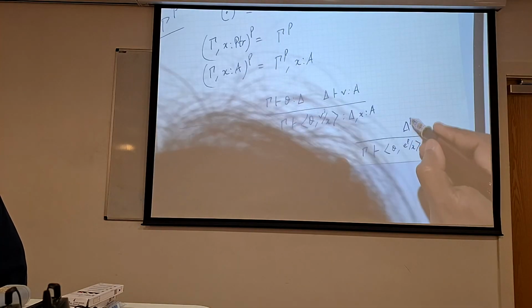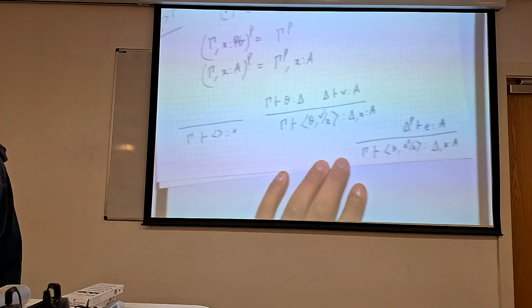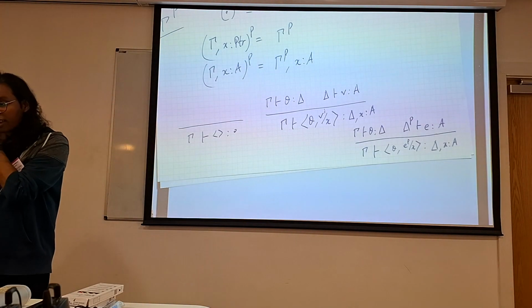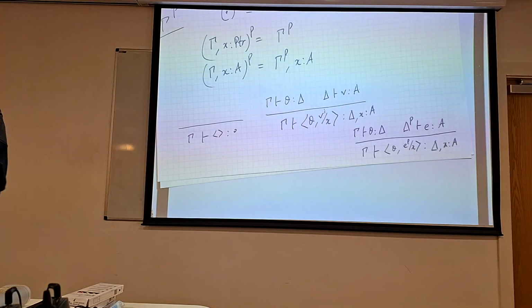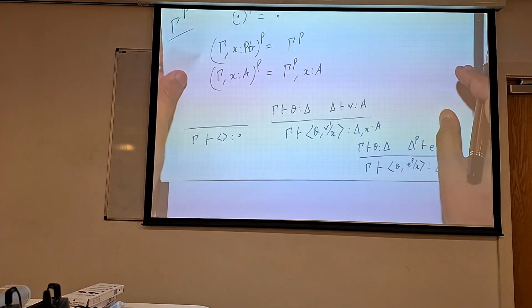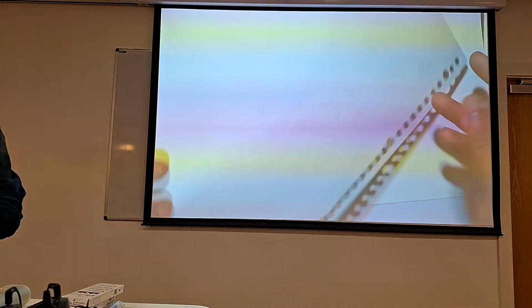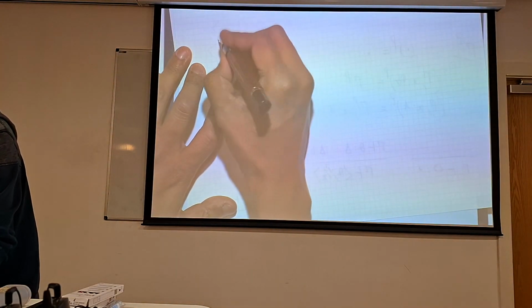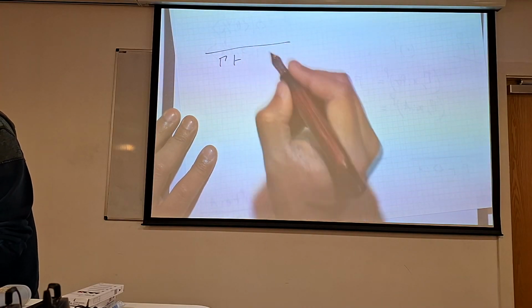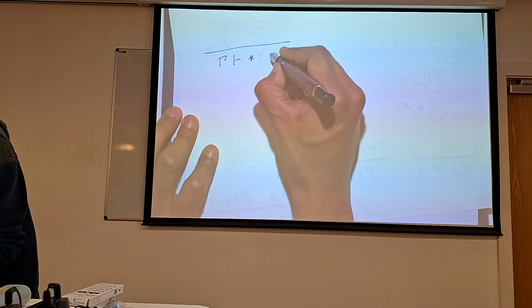if I know that E is pure, and right. So this is how you set up the structural rules, and you have your typing rules as star.